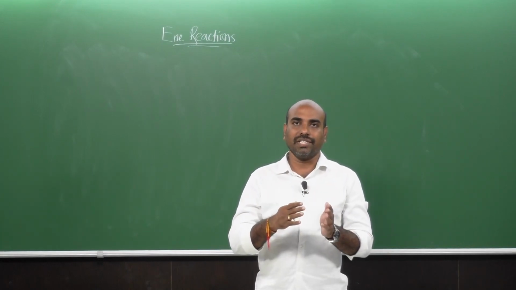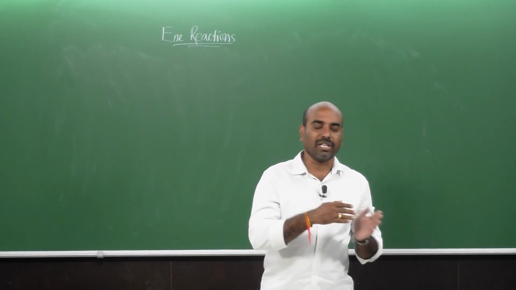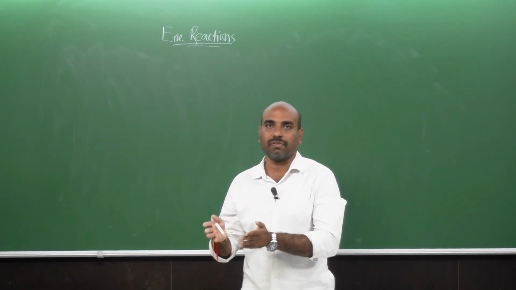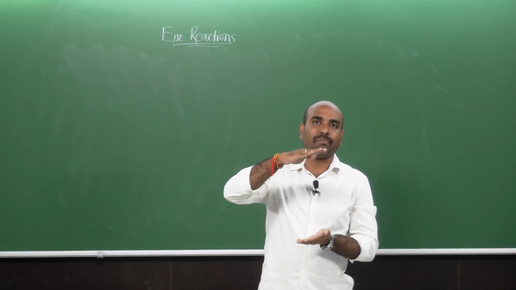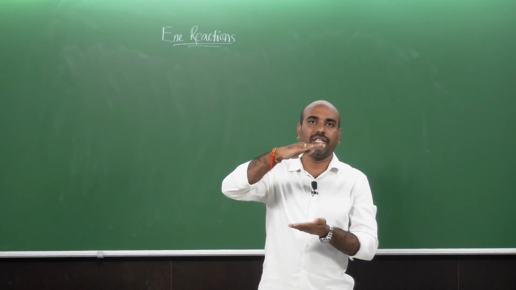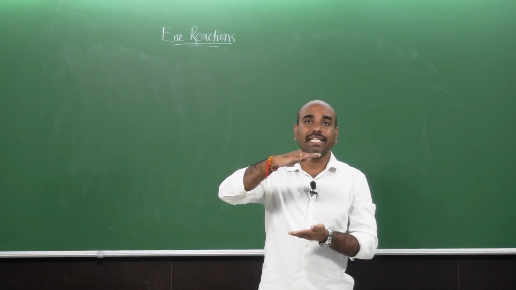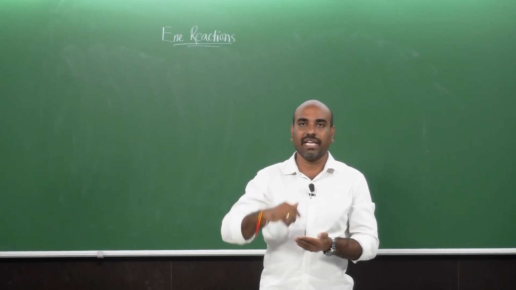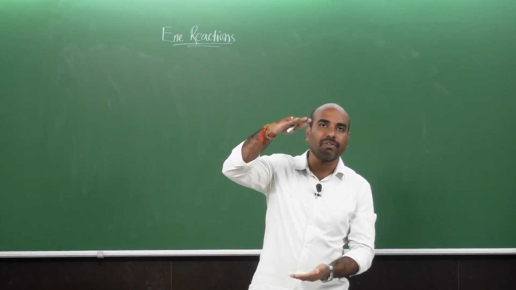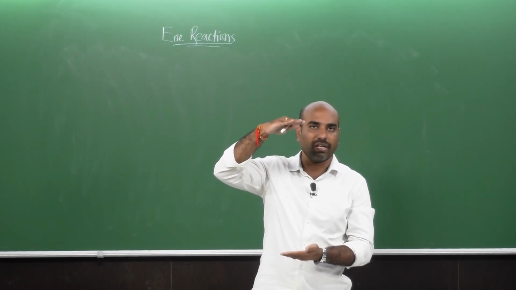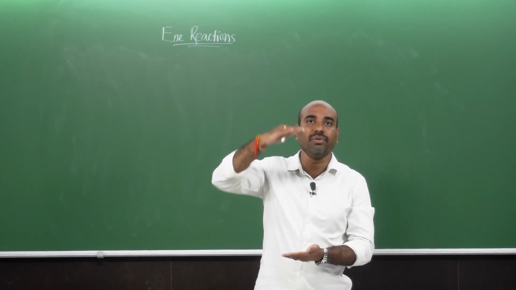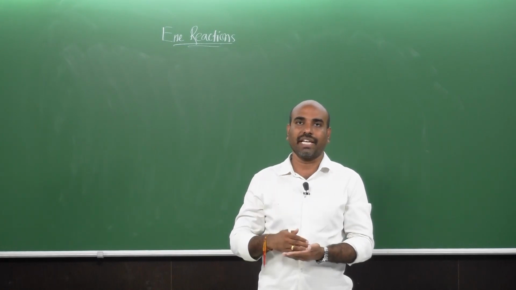Under thermal conditions, the HOMO should be selected from the ground state as well as the LUMO should be selected from the ground state only. So, the energy gap between the HOMO and the LUMO will decide the requirement of the activation energy. If they are far away from each other, that means the energy gap is too high, then you might need more activation energy.